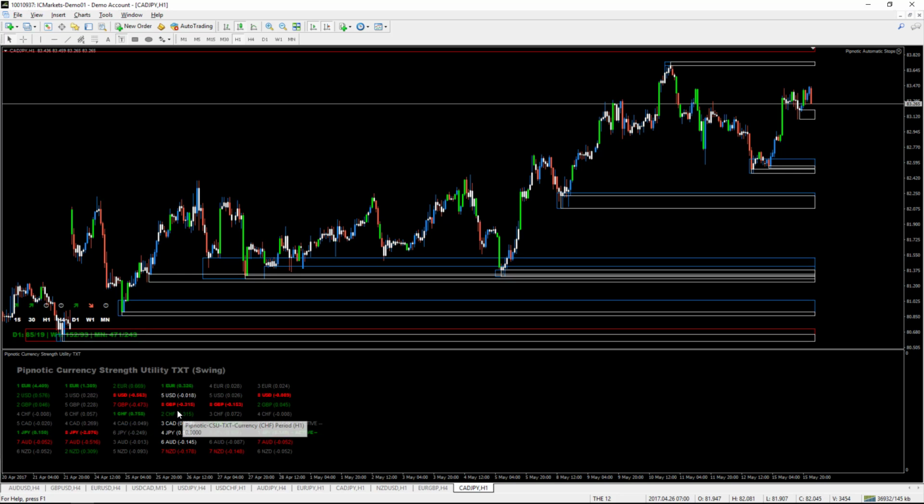So medium term, we want to be selling this currency pair. Over here, longer term, we have the euro and Australian dollar being bought, so you want to be buying the euro Australian dollar. And here we have the shorter term, where the American dollar and Japanese yen is being sold.